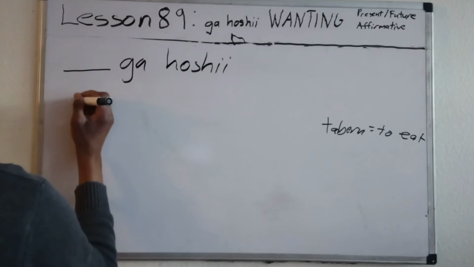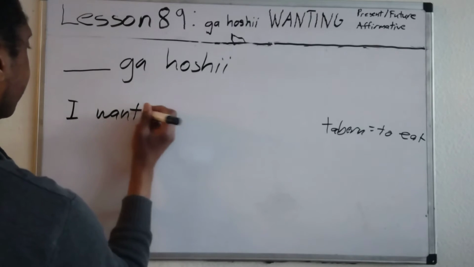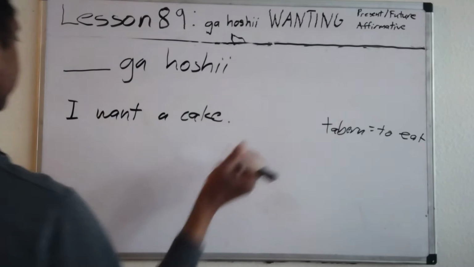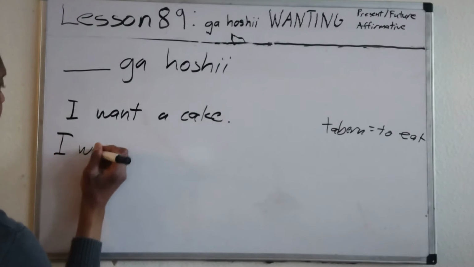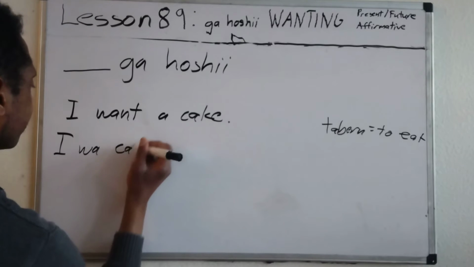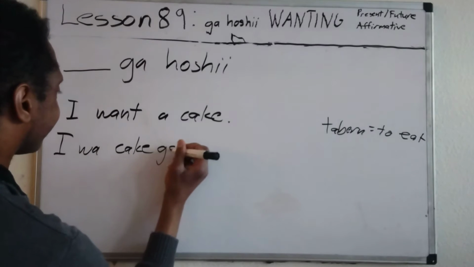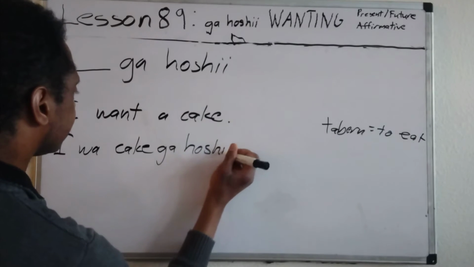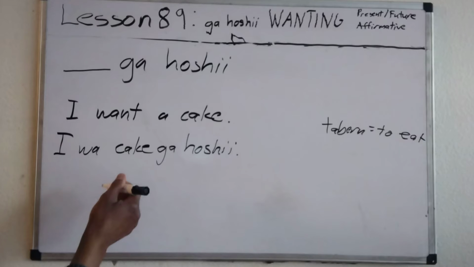For example, say, I want a cake. Okay, you would write, I wa cake ga hoshii. Okay, now that's basically how it works.